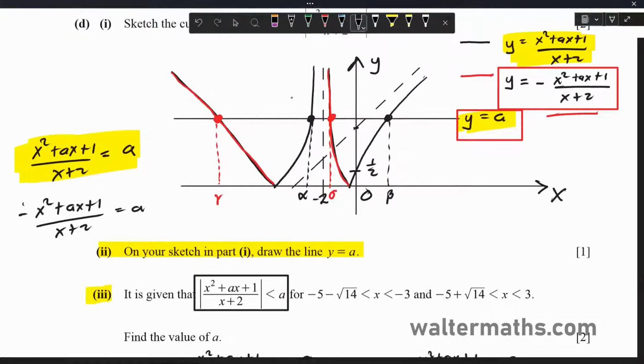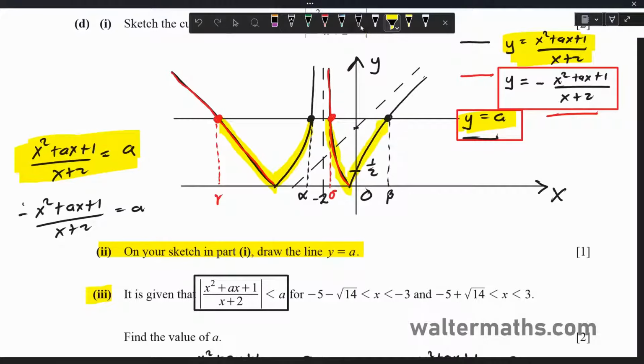The modulus graph is less than the graph of y is equal to a. That's how you should view this. The modulus graph is vertically below the graph of y is equal to a. So our solution should be what I'm highlighting in yellow. These parts of the graph are the parts that satisfy the inequality.